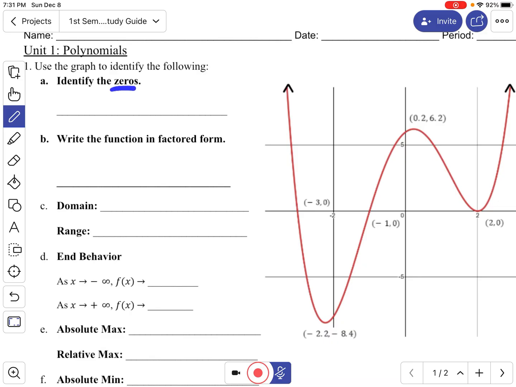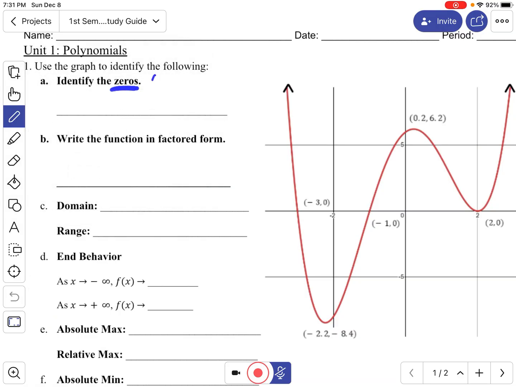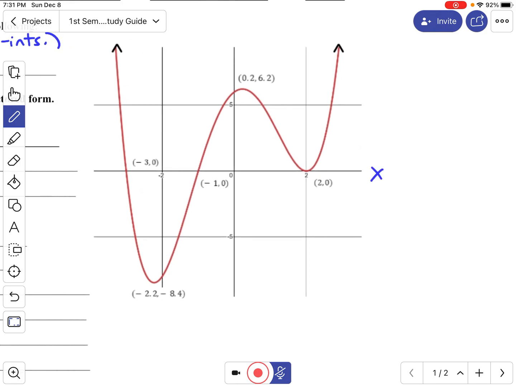The first one is zeros, and zeros is another word for x-intercepts. So if we look at this graph here, this is the x-axis going across here, and this red graph is going through the x-axis at 1, 2, 3 different points. So those would be our x-intercepts.